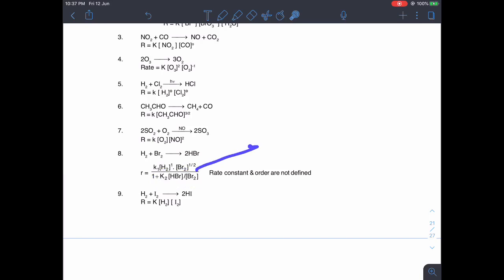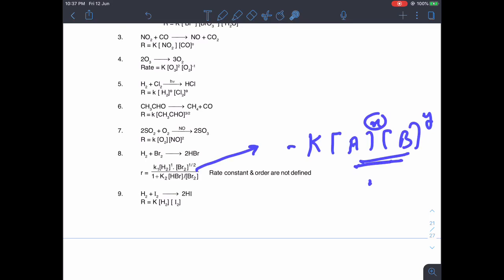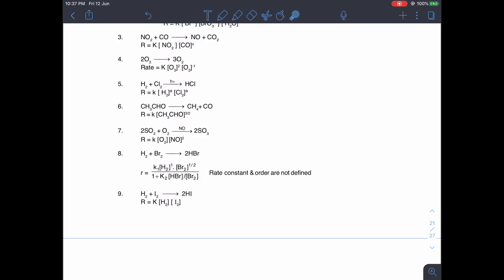So, for this reaction, unless it is written in the form of K into A to the power x into B to the power y, how can we tell the value of order? And if order is not defined, if the rate expression is not written like this, can we have any meaning of rate constant K? No. So, that is why here it is written that rate constant and order are not defined for this type of reaction.